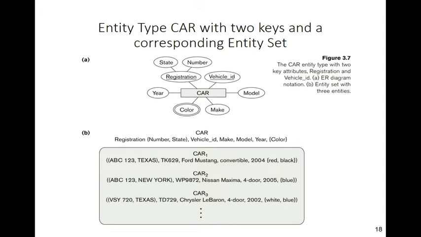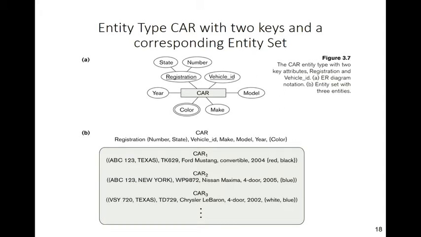Okay. So if you look at the top in A, we have the drawing, right? So this is the ERD diagram associated with this. And in B, we have the structure definition of the way it would look.